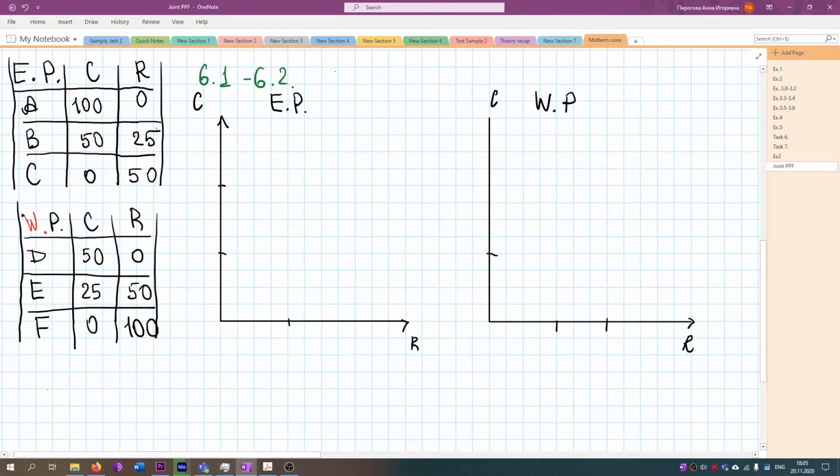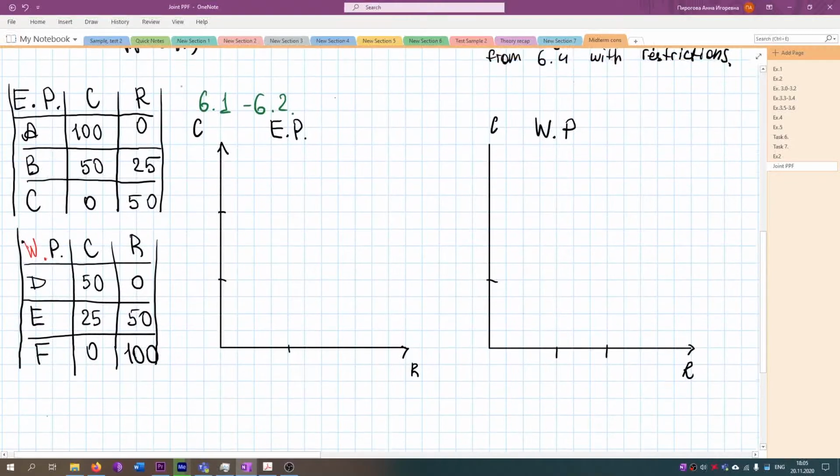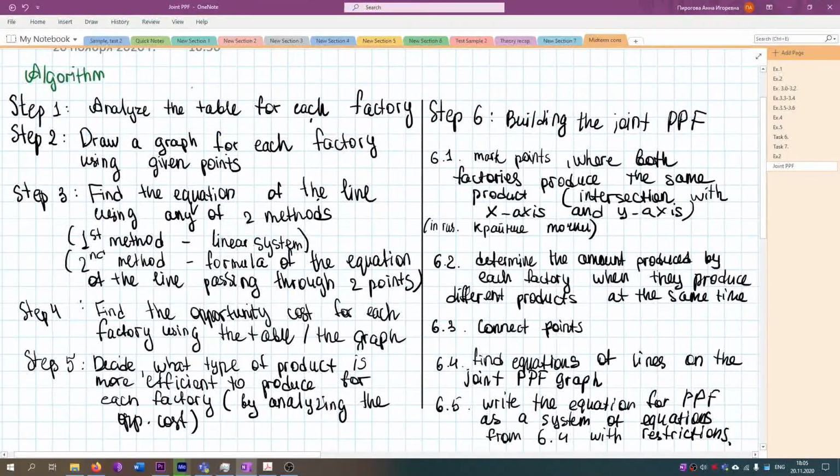So we need to draw a joint production possibility frontier. But first let's consider our algorithm, how we can do it. So the first step is to analyze the table for each factory.